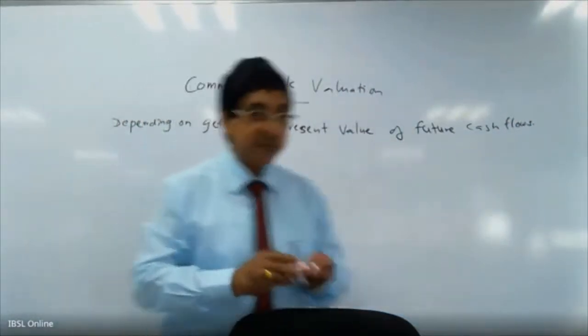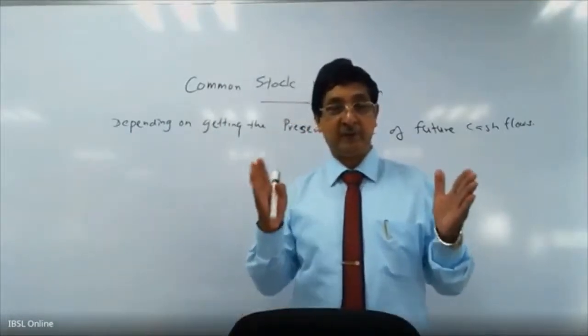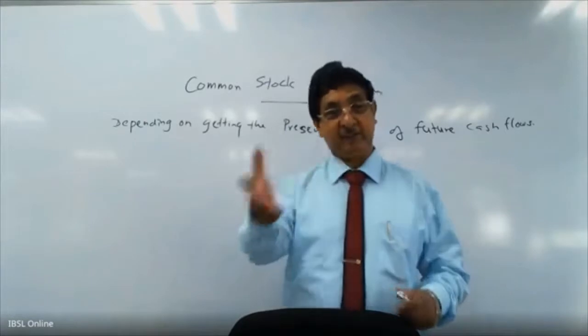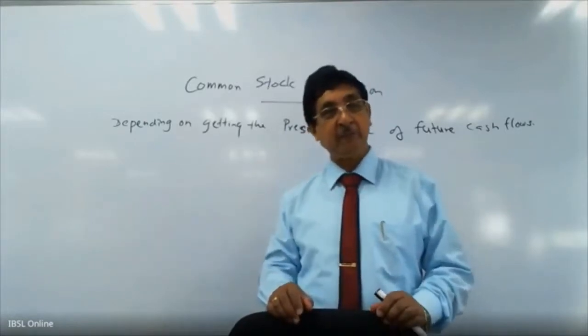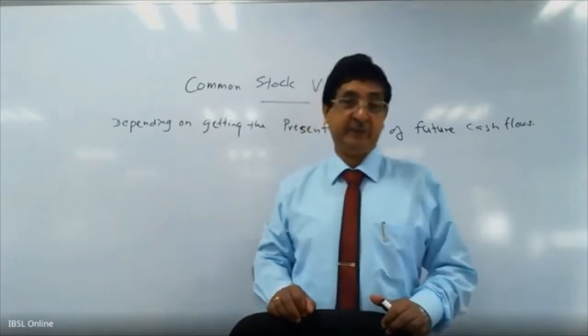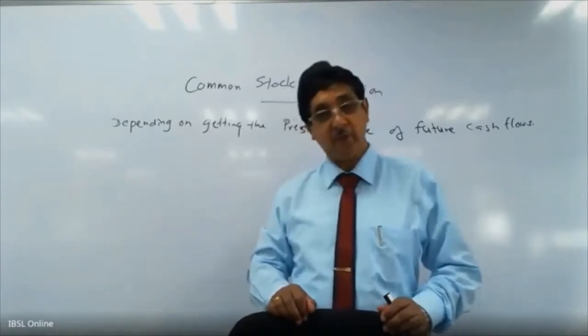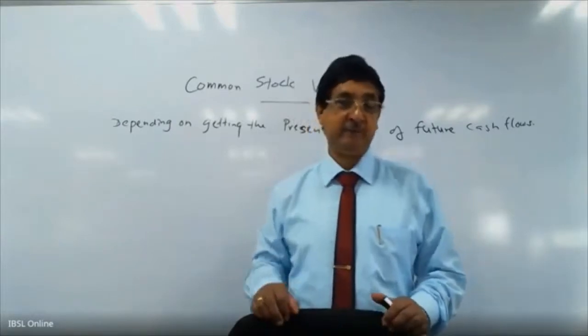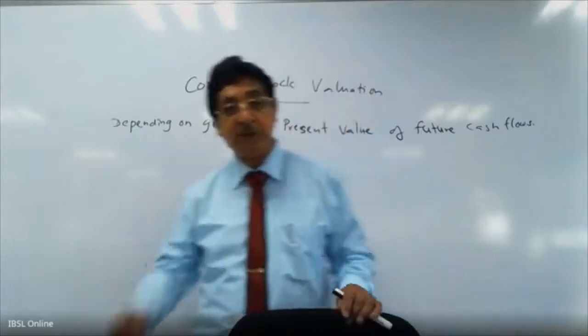Now, when you say future cash flows of a stock, what are the future cash flows? Dividends. Most of the time, there will be an annual dividend. Sometimes interim dividends are also paid, but we assume that an annual dividend is paid.